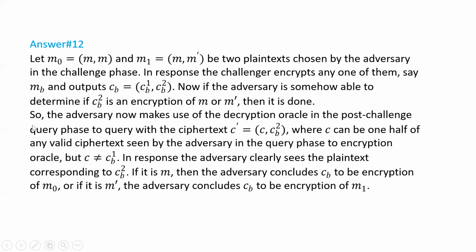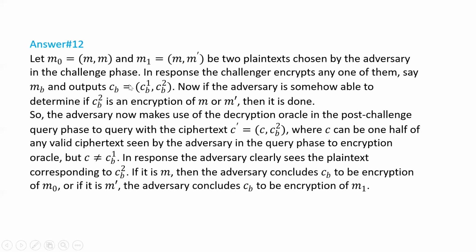To determine that, the adversary makes use of the decryption oracle in the post-challenge query phase to query with a ciphertext C dash of the form C comma CB2. Quite similar to the previous example, in the post-challenge query phase the adversary is querying the decryption oracle with some new ciphertext.